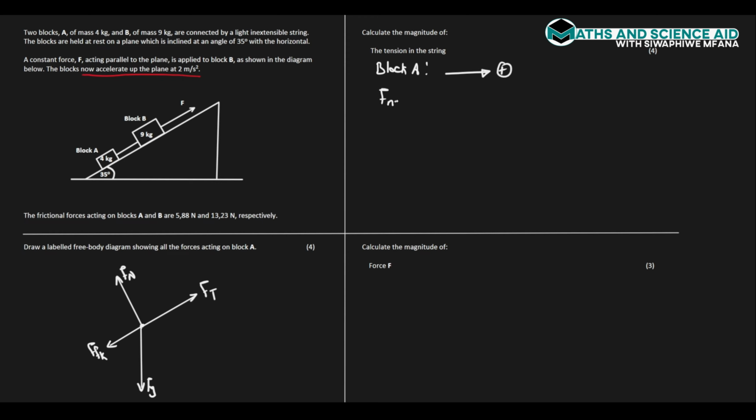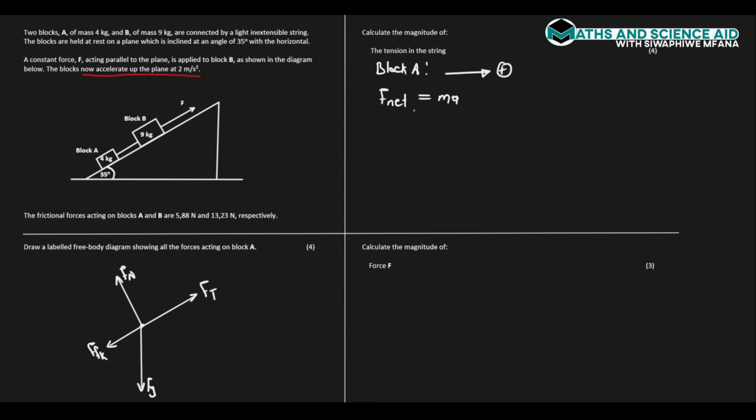And like I said, we are going to be applying Newton's second law of motion, which says F net is equal to ma. Now we need to consider all the forces that are acting on block A in order to evaluate this net force.